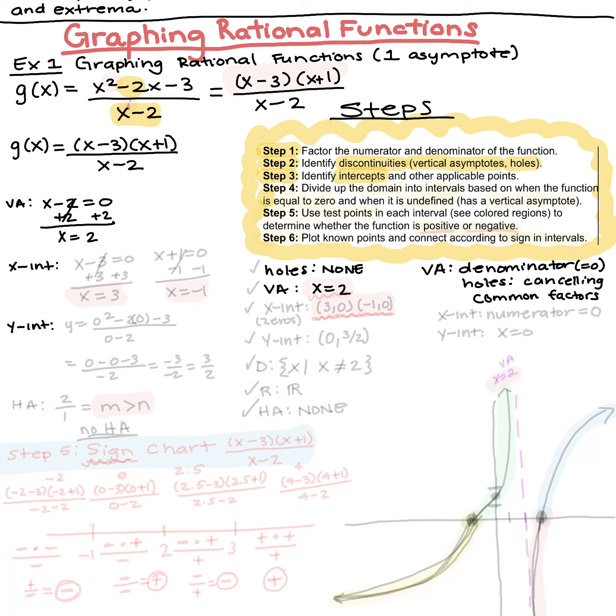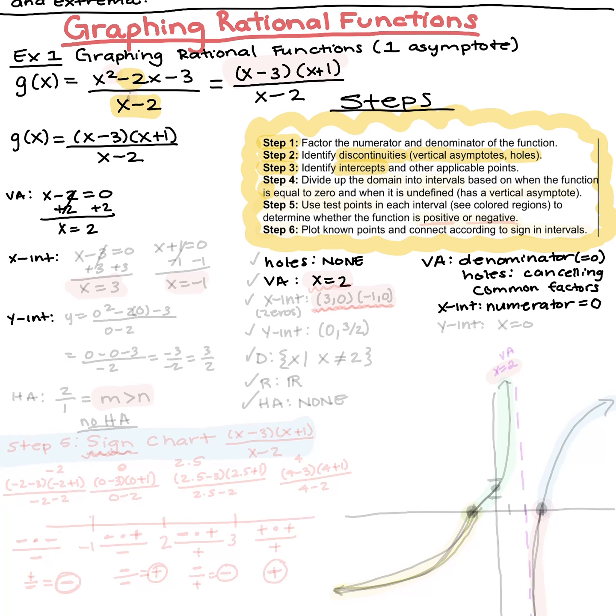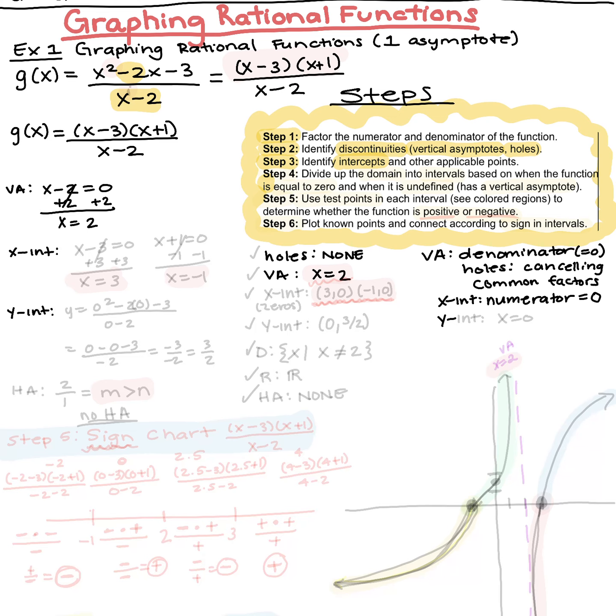Just remember that the x-intercepts, you get those from the numerator, by getting the numerator to equal 0. And then for the y-intercept, all you have to do is make the x values equal to 0.